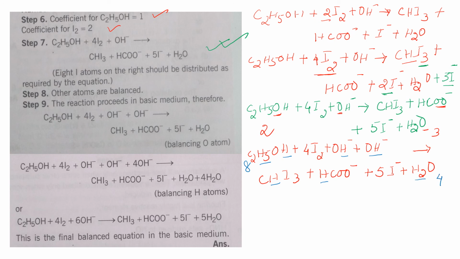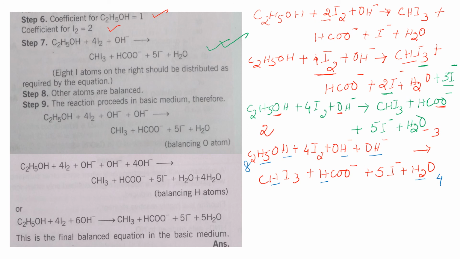So to balance hydrogen atoms, what do we have to do? To balance hydrogen atoms, add 1 molecule of water for each hydrogen atom needed on the side deficient of hydrogen atoms, and add an equal number of OH minus ions on the opposite side.